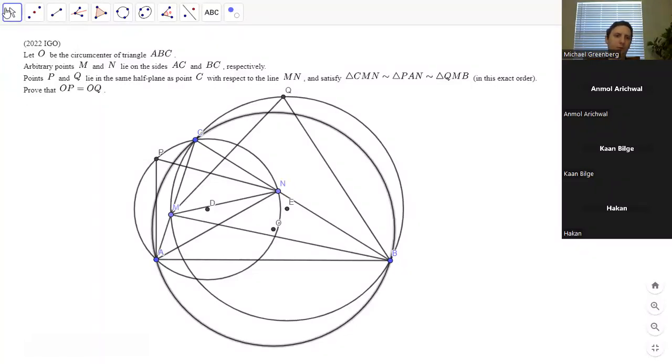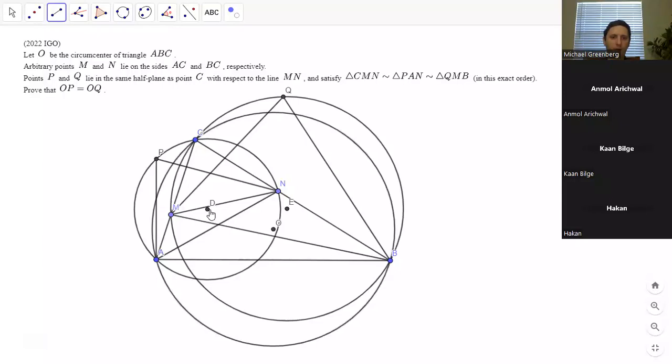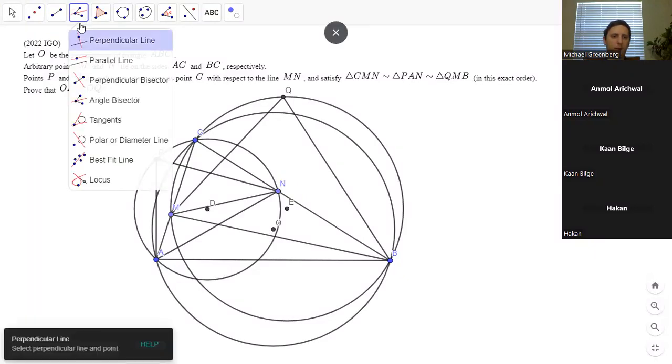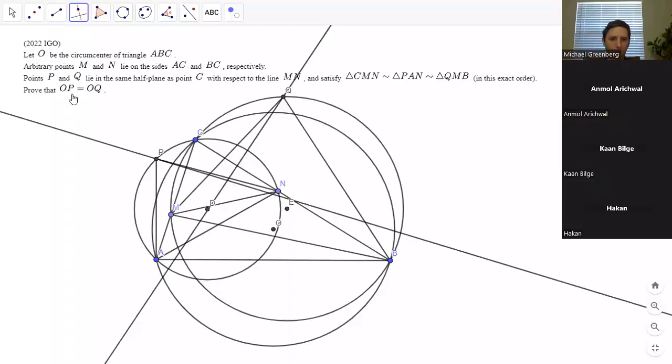So we want to show, basically, if we use Casey's theorem, that OD over OE is the ratio of the altitude from P to AC and the altitude from Q to BC. So let's draw those.